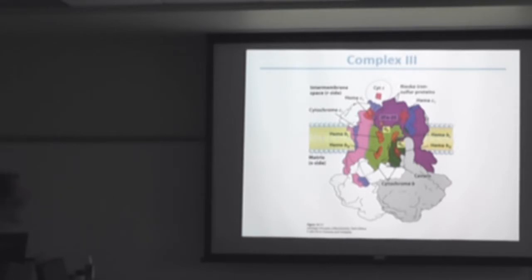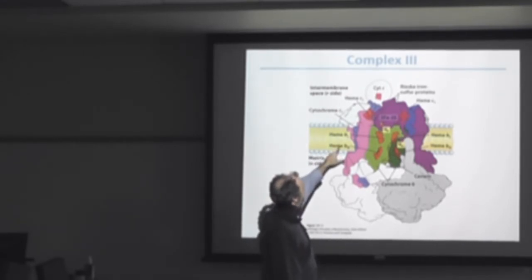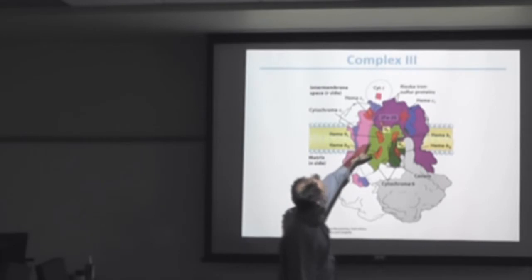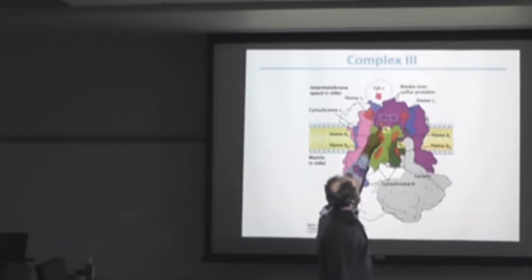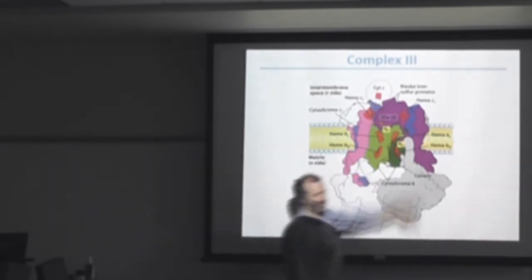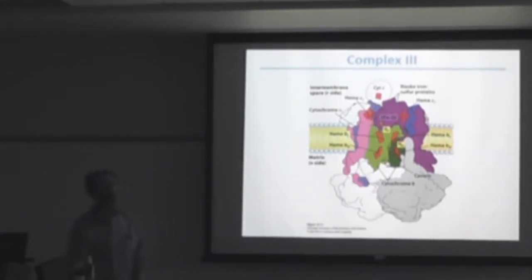So this is complex 3. And there's a number of different sites. You have your heme Bl, heme Bh, which are single electron carriers. You got 2 iron sulfur centers at the QP site, the heme C1 site, and then cytochrome C itself is one of the other mobile electron carriers.